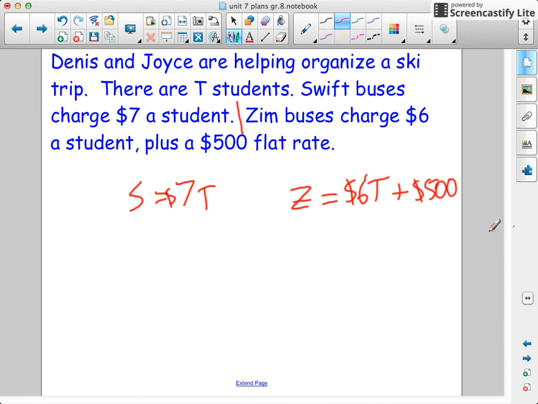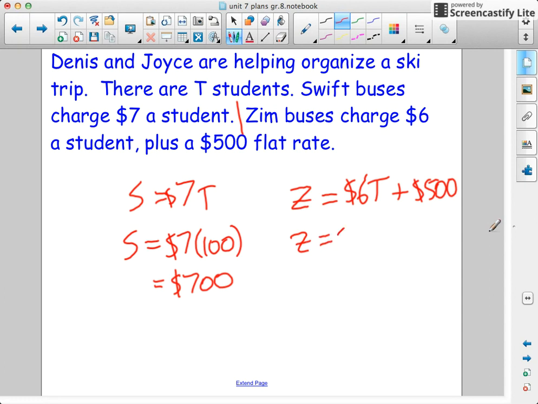Now, you could use those equations to actually find out which would be a better deal. So let's say you had 100 students go on it. Let's substitute in for this one. This one would cost $7 times 100 students, so $700 for the Swift buses.